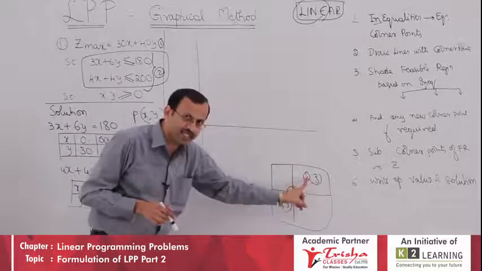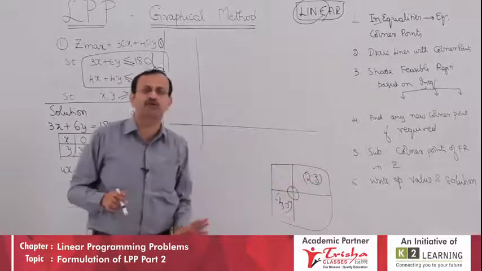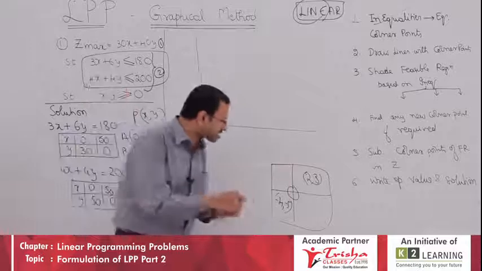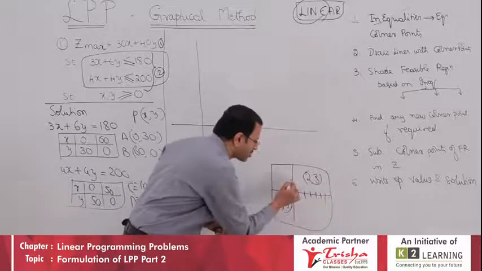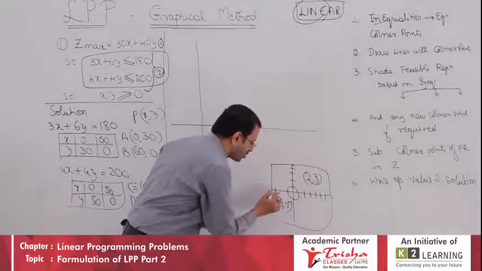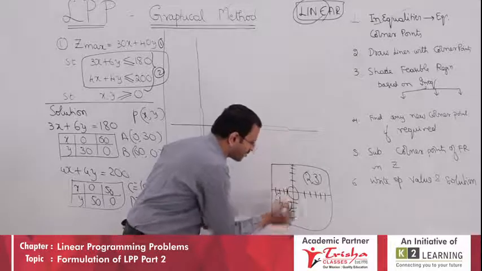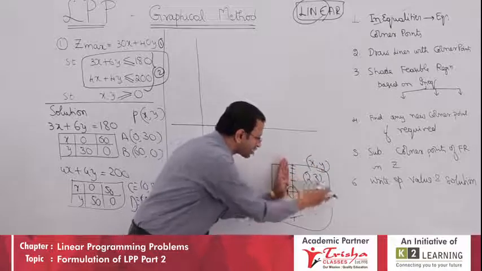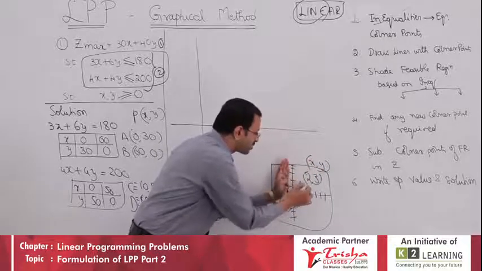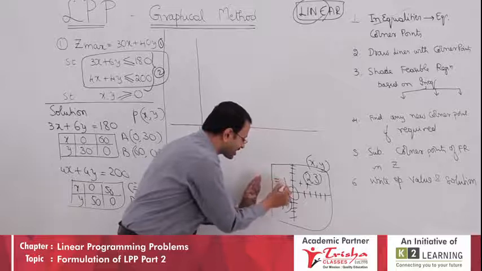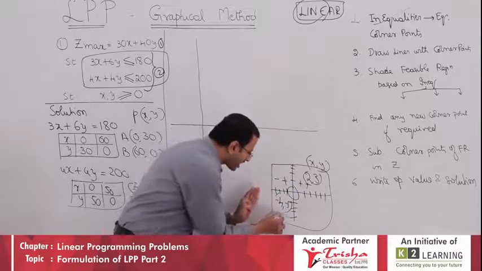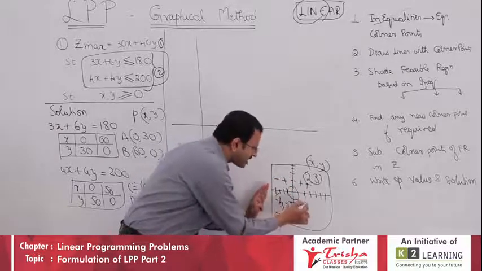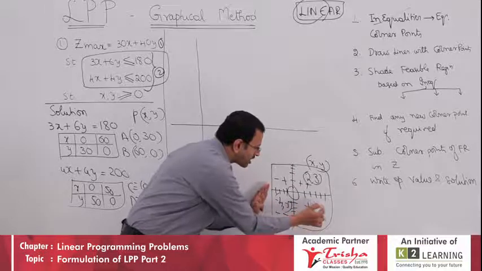First is the x-axis value, second is the y-axis value. Here x is positive and y positive, here x negative, y negative. So any point is represented by x, y. So x positive, y positive; x negative, y positive; negative, negative; whereas here x positive, y negative.